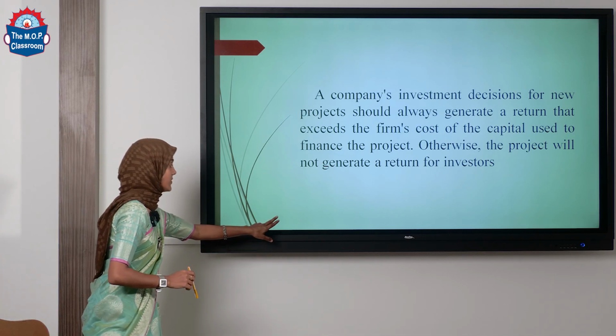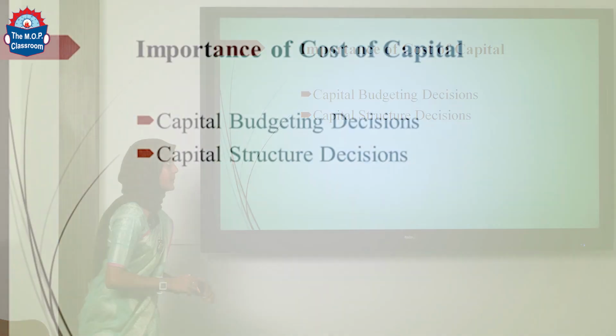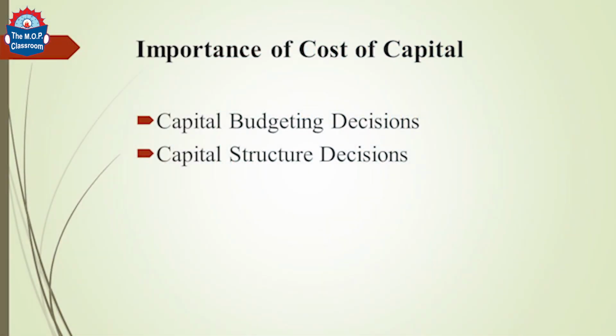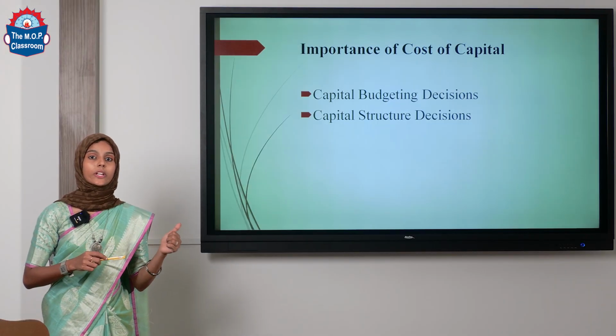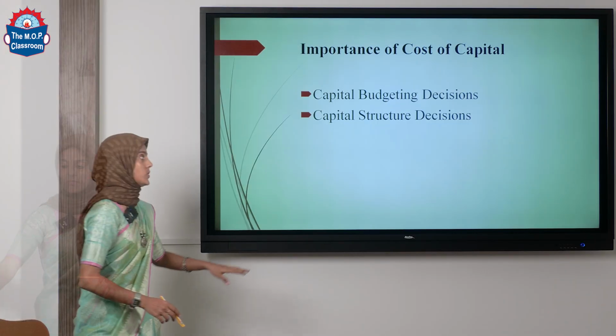So, importance of cost of capital. It is very important to look into the cost of capital when taking capital budgeting decisions and deciding the mixture of the capital structure.